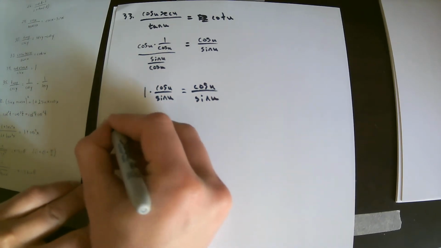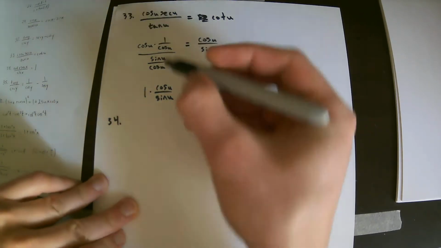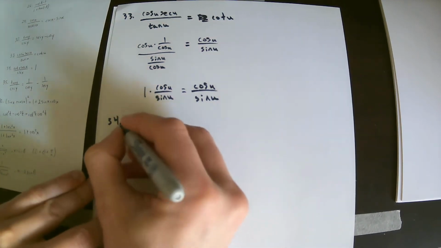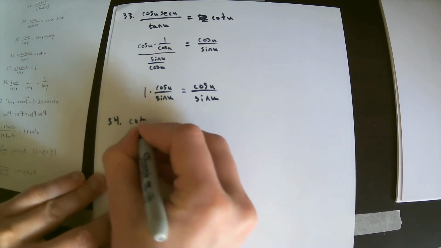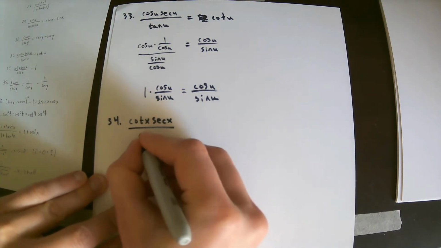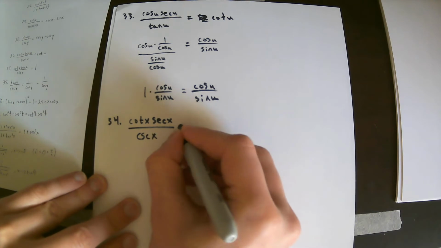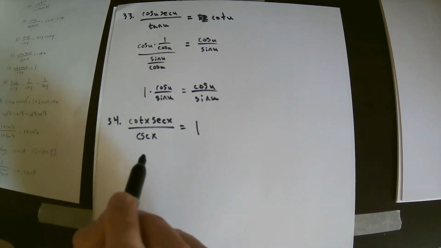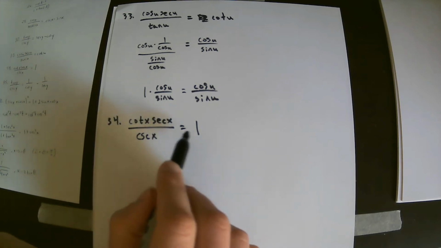Some of these, you will have one side working down more than the other, and sometimes you're forced to work with only one side if you are just not given that much at all. Like this one. Number 34 says cotangent x times secant x over cosecant x needs to equal 1.